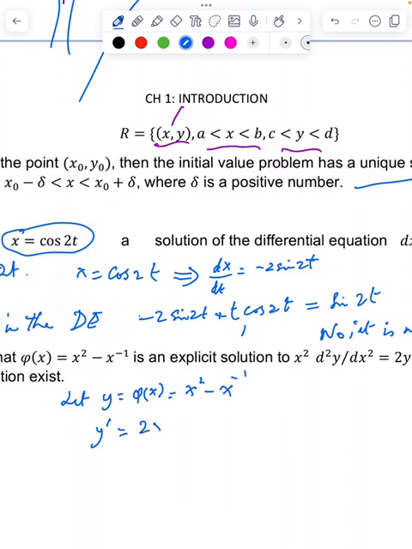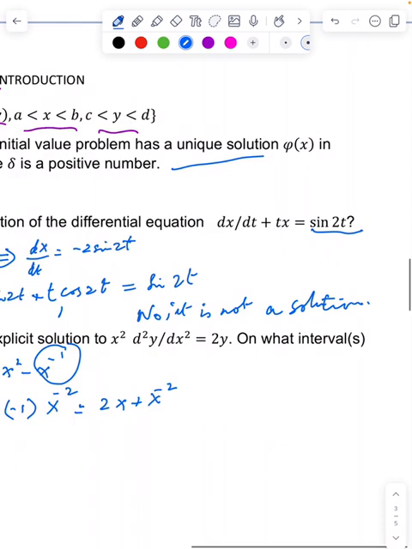It will be the derivative of x squared, which is 2x, minus the derivative of x to the negative 1, which is negative 1 over x squared. Or if you want to do the whole steps, minus, applying the power rule to the second term, I have negative 1 times x to the negative 2, which gives me 2x plus x to the negative 2.